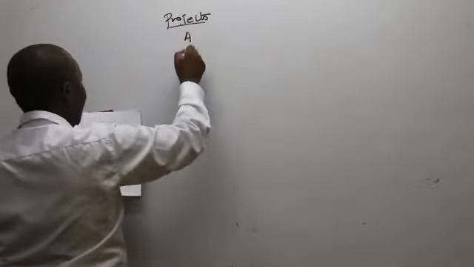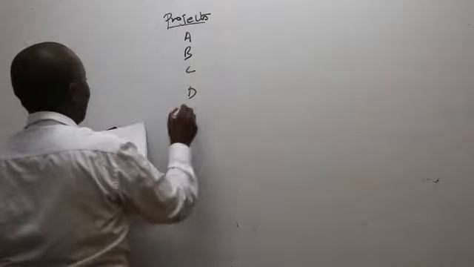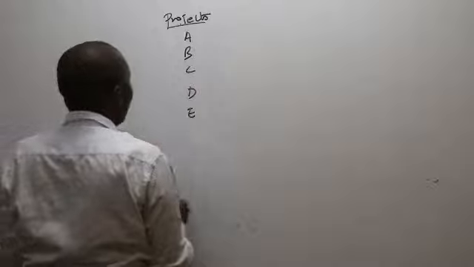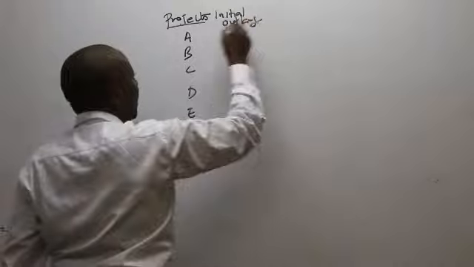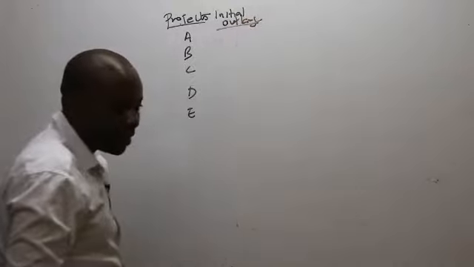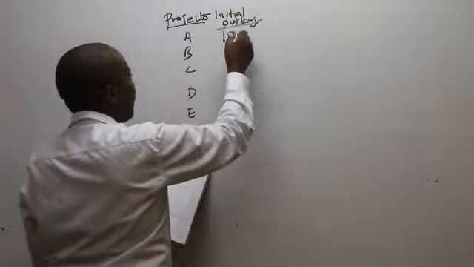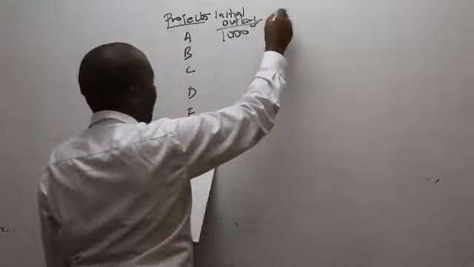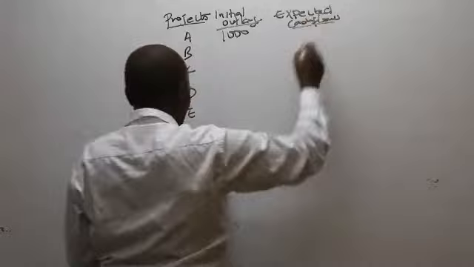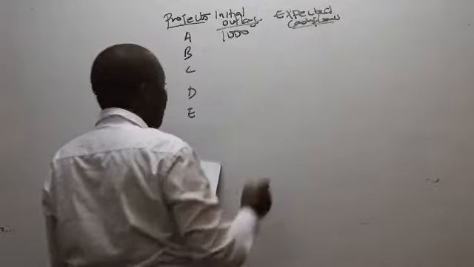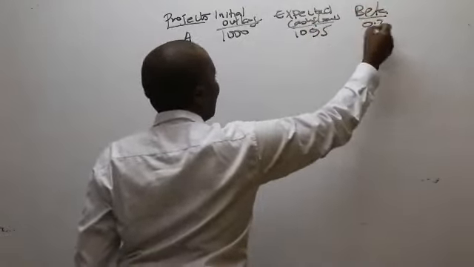We have A, B, C, D, E. They have given us the initial outlay, which is 1,000, and then we have expected cash flows of 1,095, and then of course they have given us beta there, which is 0.3.